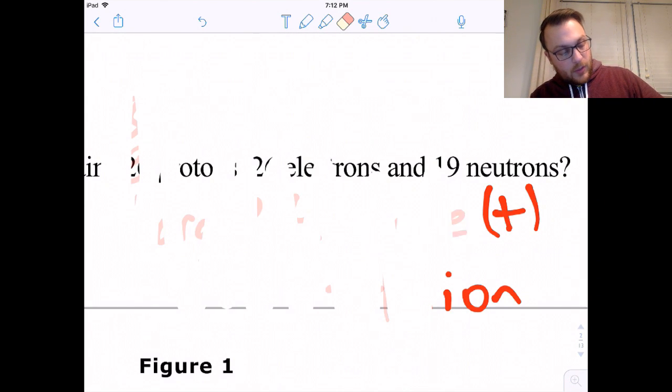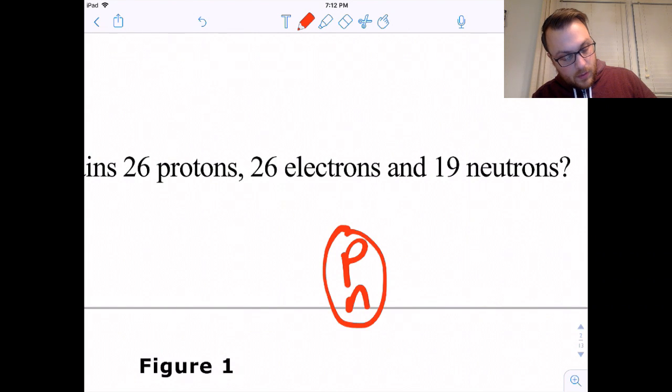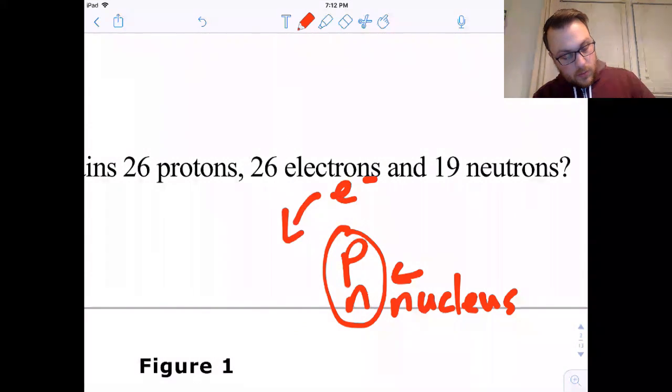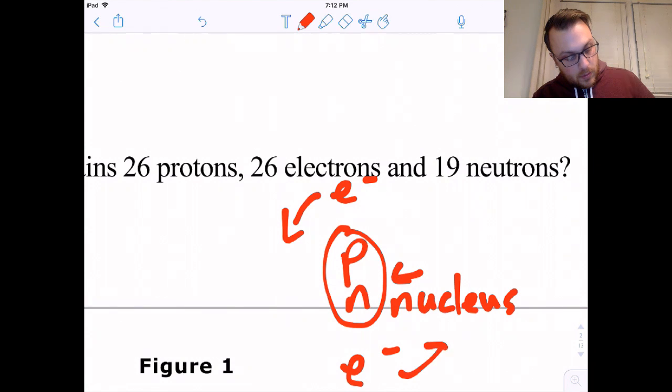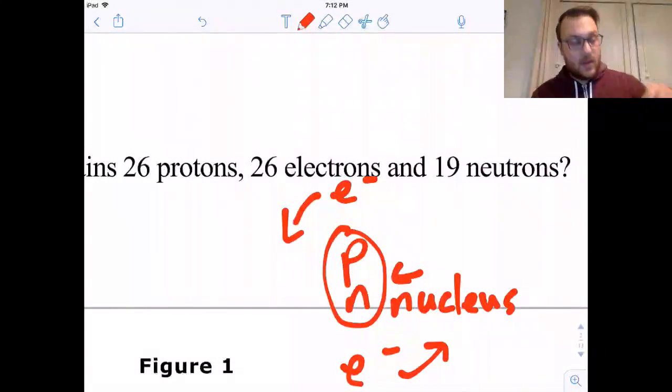Quick refresher on protons, neutrons, and electrons. In terms of where they are, your protons and neutrons are in your nucleus, and your negatively charged electrons are orbiting around the outside.